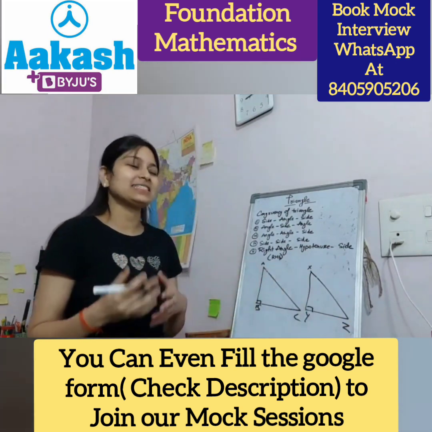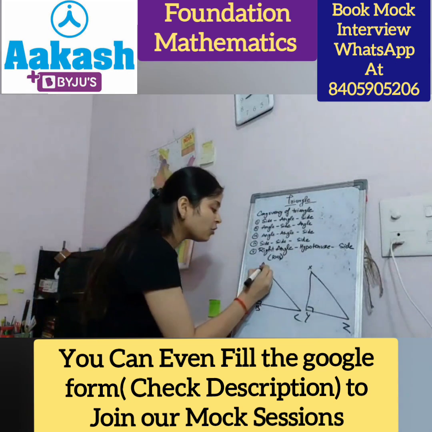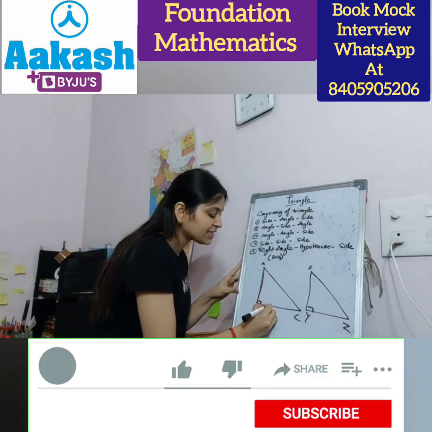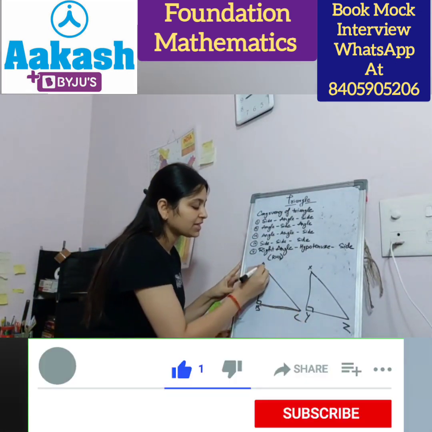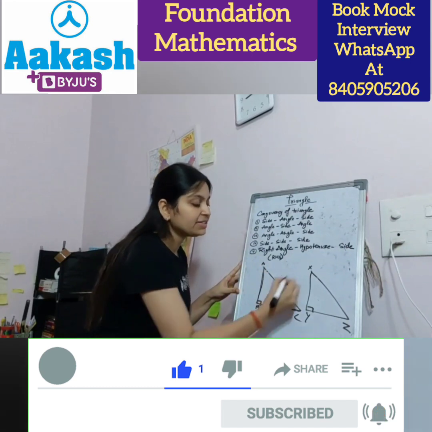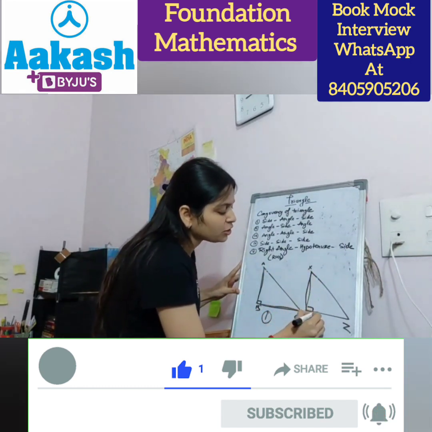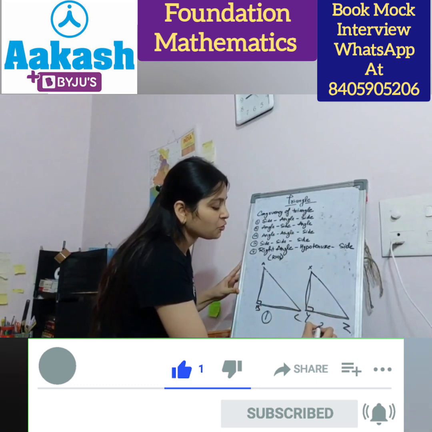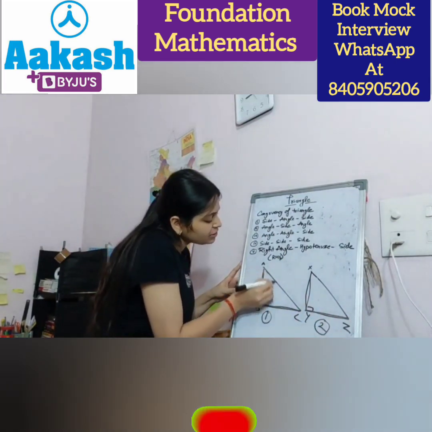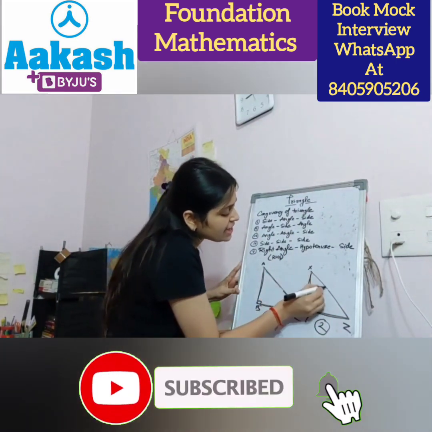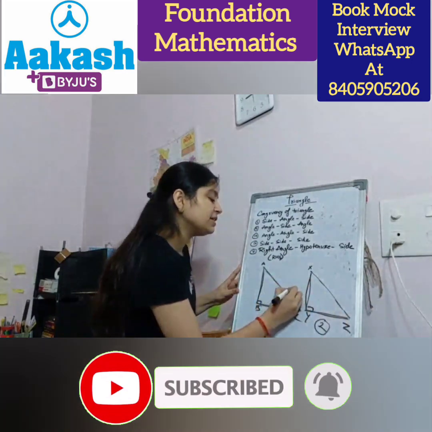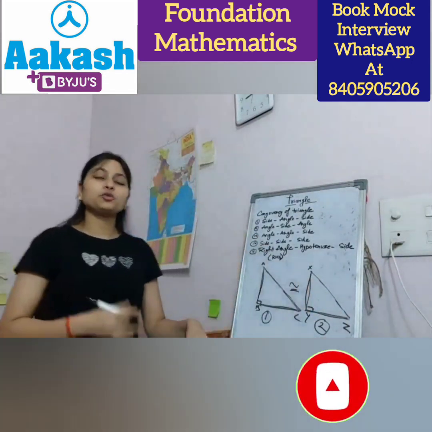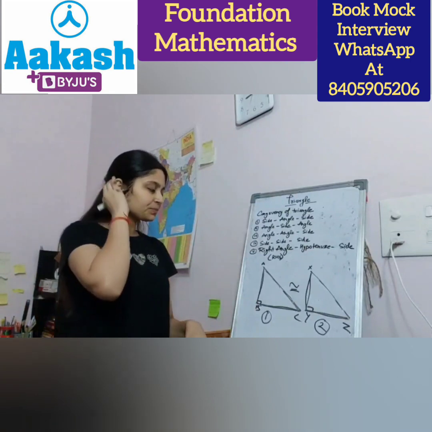This criterion says if any of the perpendicular sides of triangle 1 is equal to any of the perpendicular sides of triangle 2 and the hypotenuses of both are equal, then these two triangles are congruent to each other.